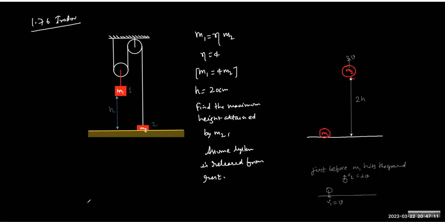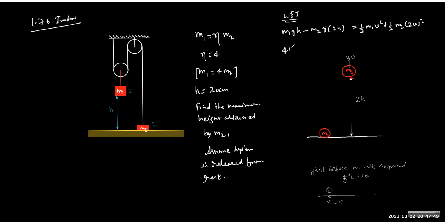Now we can add the work energy theorem. So M1 gH, the gain, minus M2 g 2H, since gravity is doing negative work on M2. So net work done equals the change in kinetic energy: half M1 V square plus half M2 into 2V whole square. That's very simple. M1 is 4M2.